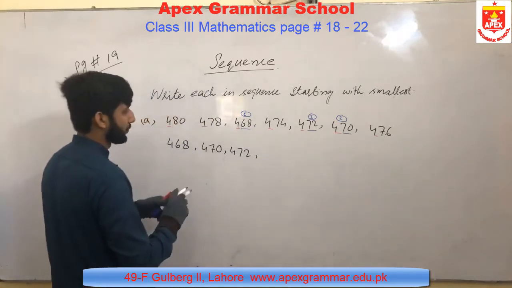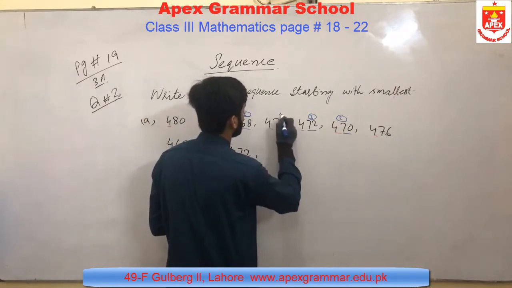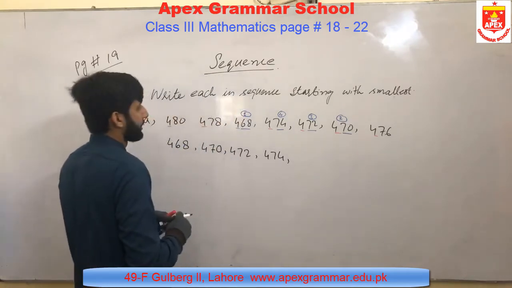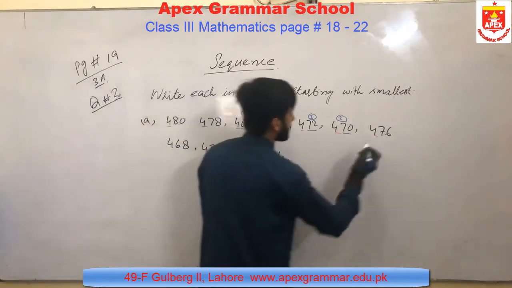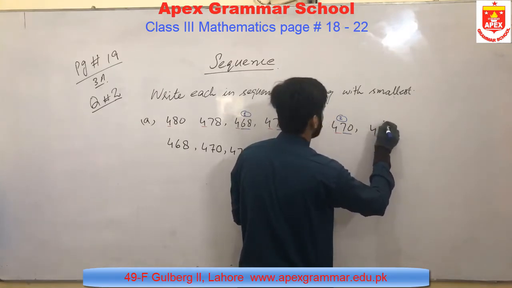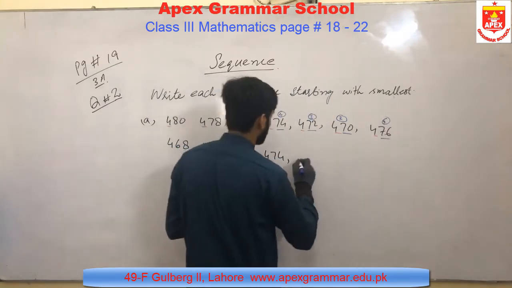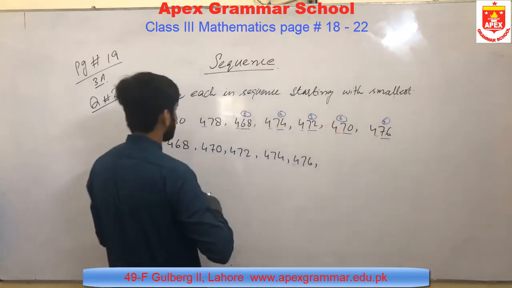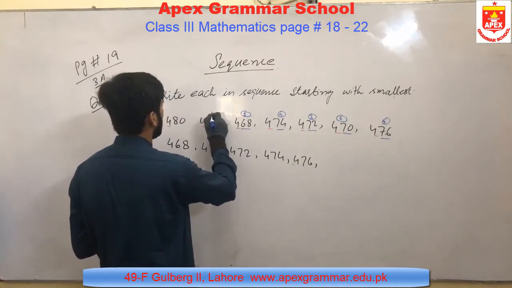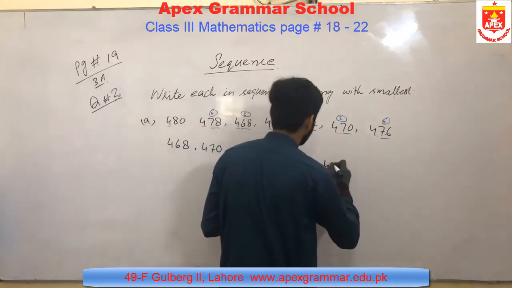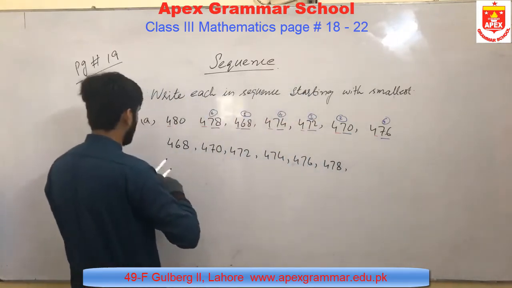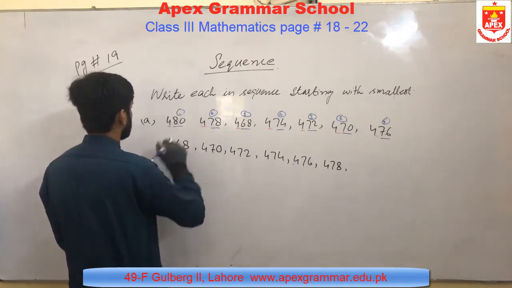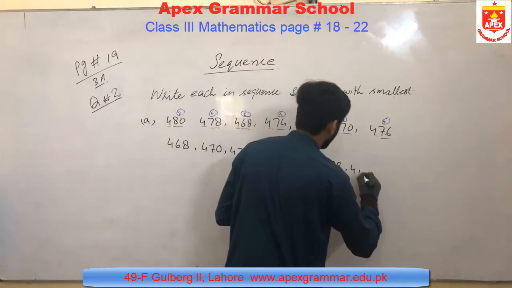Then after 472, in fourth place is 474. Then after 474, in fifth place is 476. Then after 476, 478 in sixth position, and the last one, in seventh position, sorry, is 480.